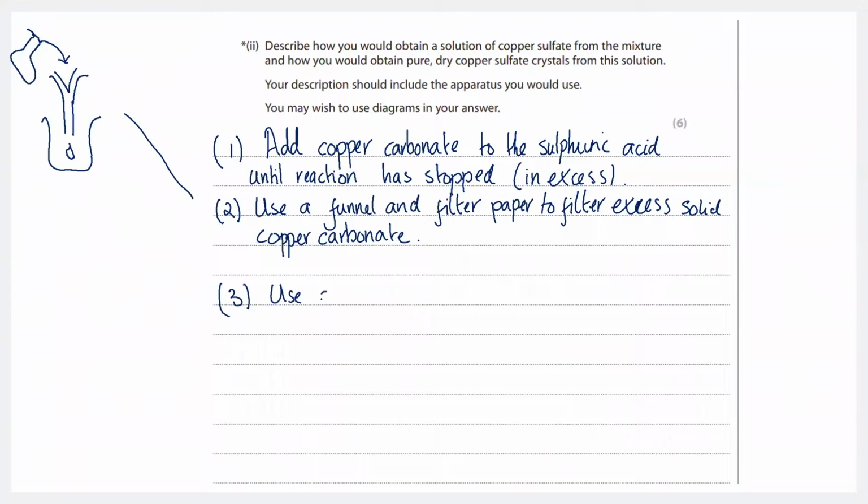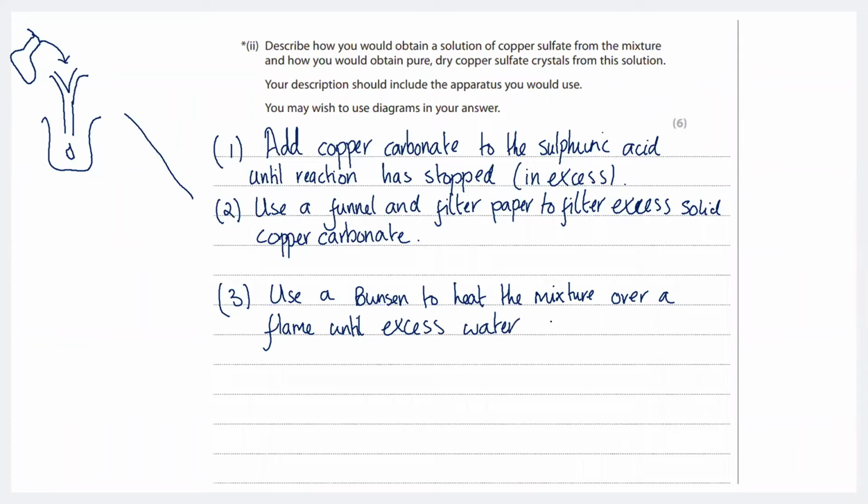So use a Bunsen burner to heat the mixture over a flame until the excess water has boiled away.